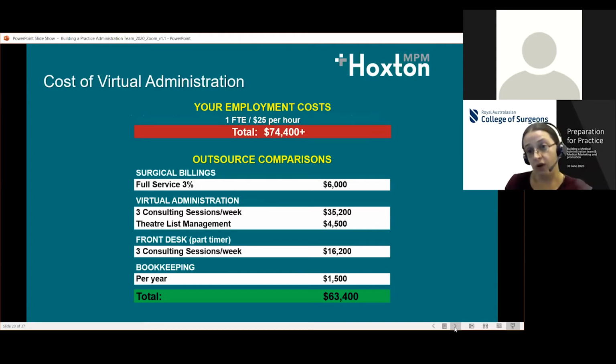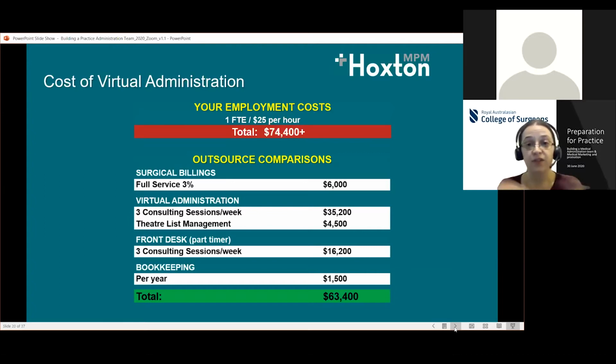Compare those sorts of costs. So we looked at the costs of a full-time equivalent at 74 grand per year. So an example of outsourcing, if we break that down into sections, so surgical billings, for example, you can get full service billings from someone like Hoxton at 3%. There's other companies out there that will have it at different price points.